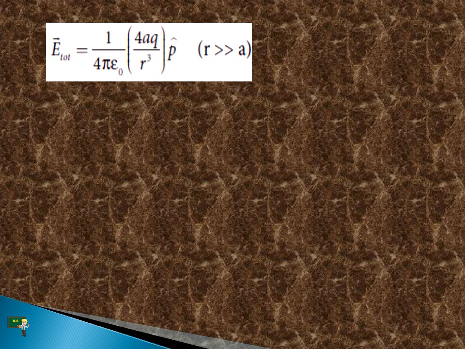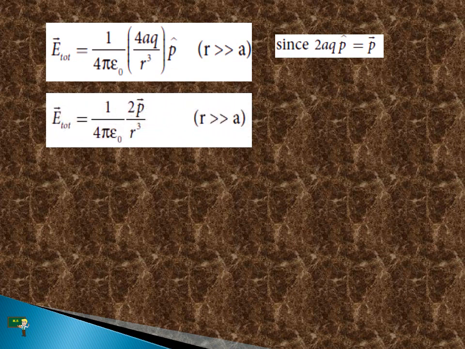We know already R is very much greater than A. Then we substitute 2A cube into P cap is equal to P vector, that means the dipole moment value.